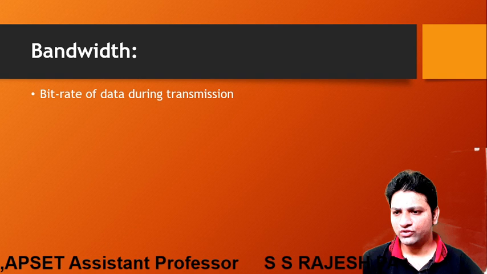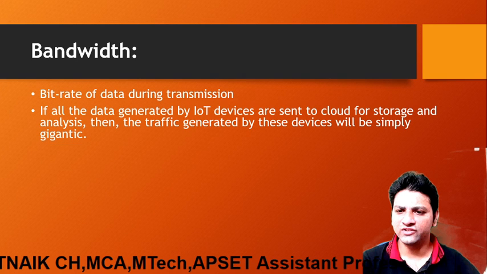The data duration will increase, and if all the data generated by IoT devices is sent to the cloud for storage and analysis, then the traffic generated by these devices will simply clog the network. That means the huge amount of data generated by IoT devices consumes almost all the bandwidth.